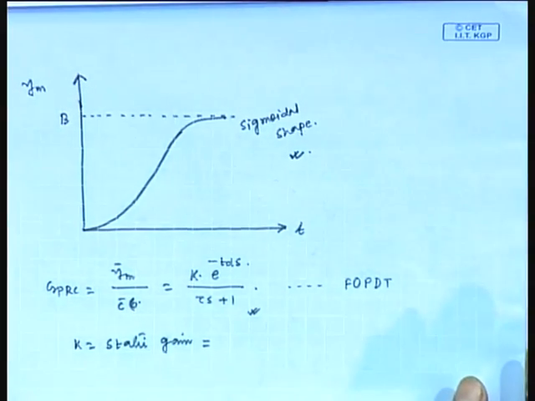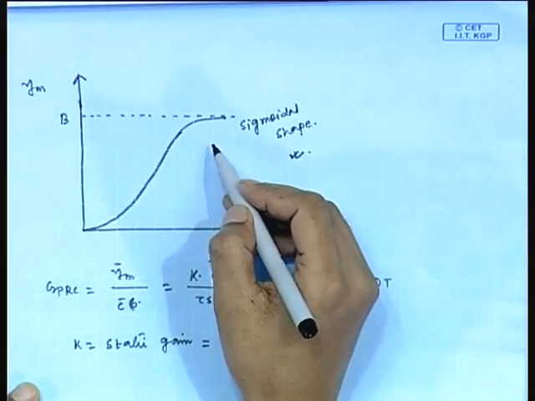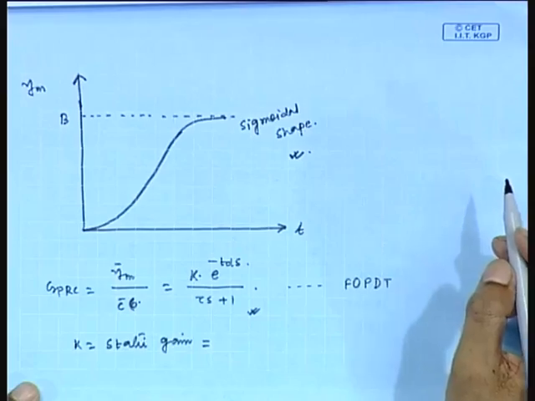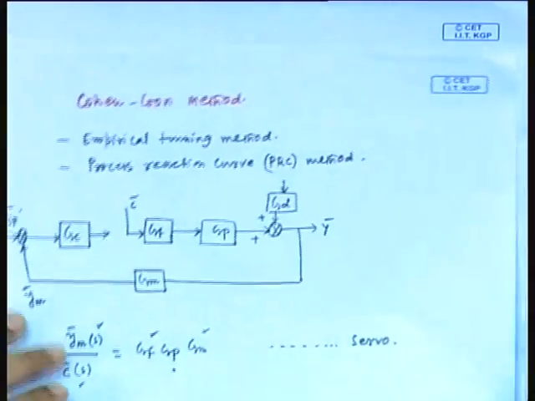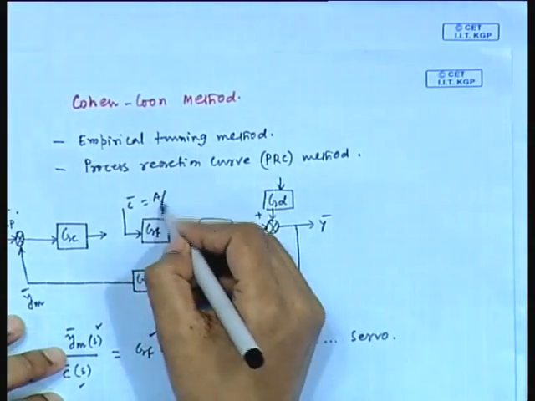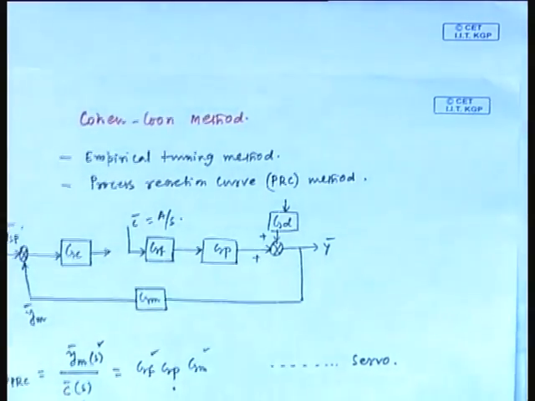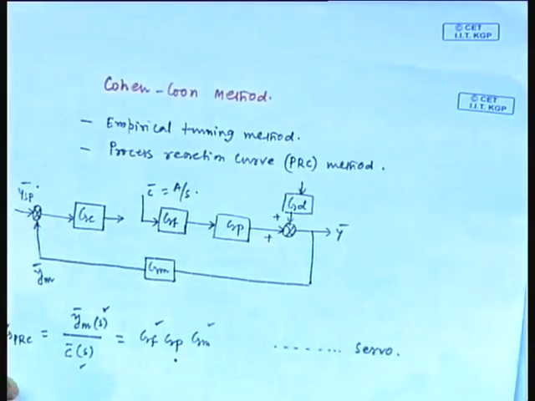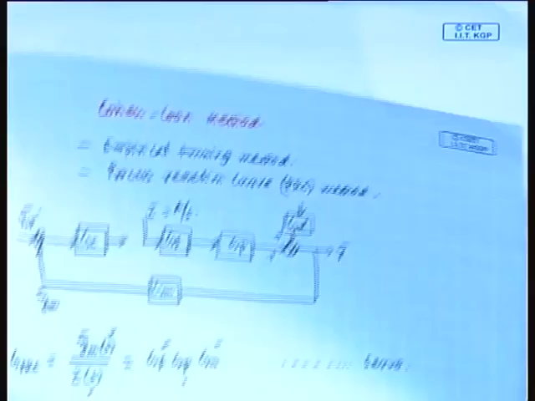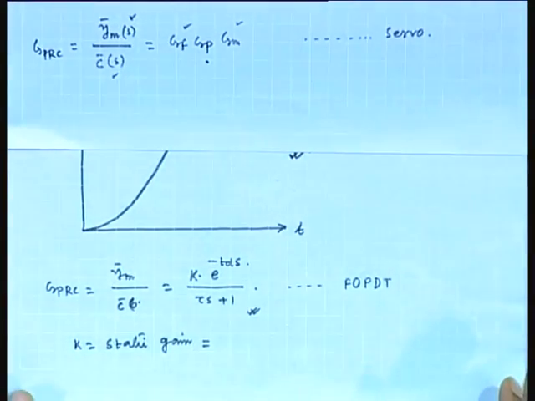Yeah, for most of the chemical processes, Cohen and Coon observed this type of response when a step change is introduced in C. Sigmoidal shape is obtained when a step change with magnitude A is introduced in C. Now, can you find the expression for K?